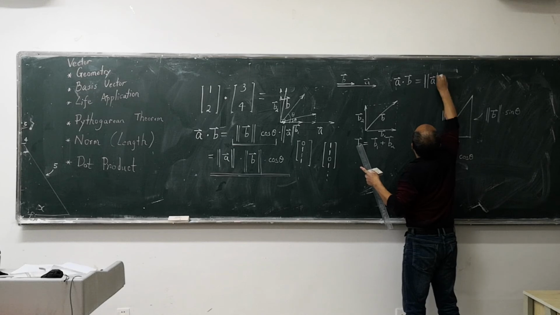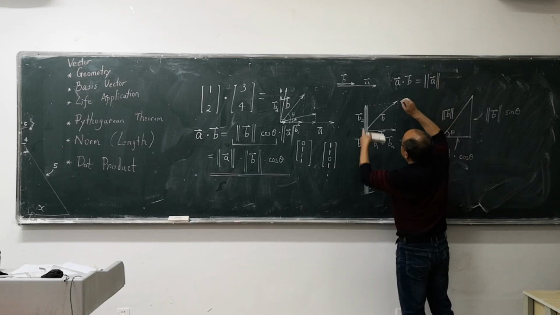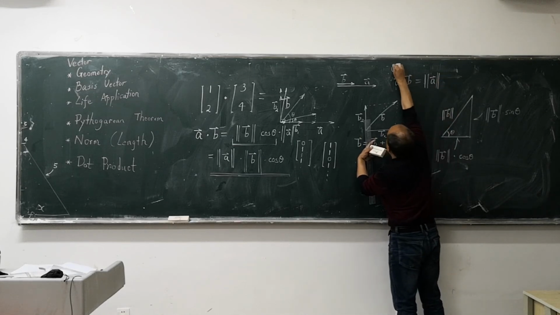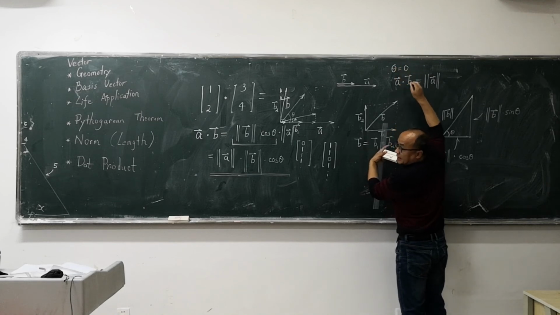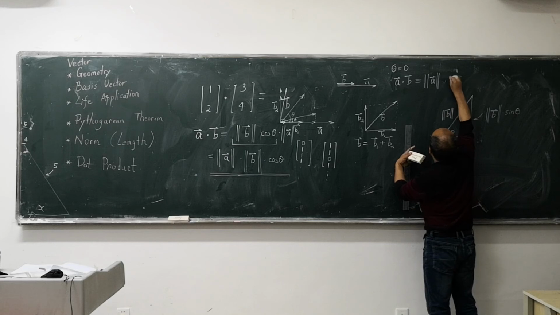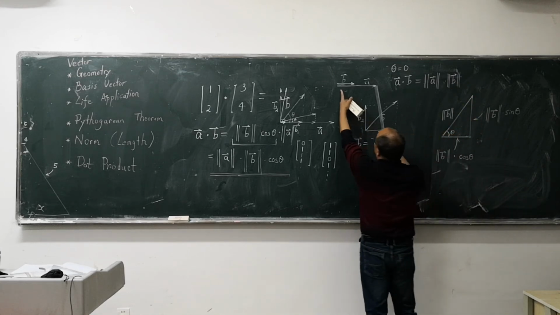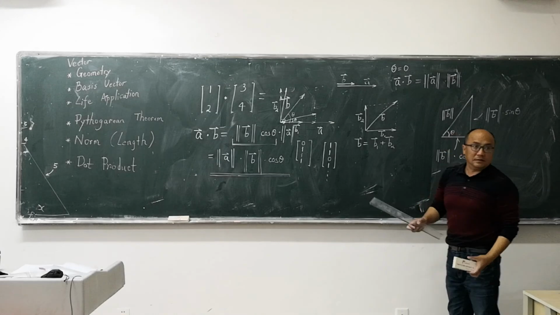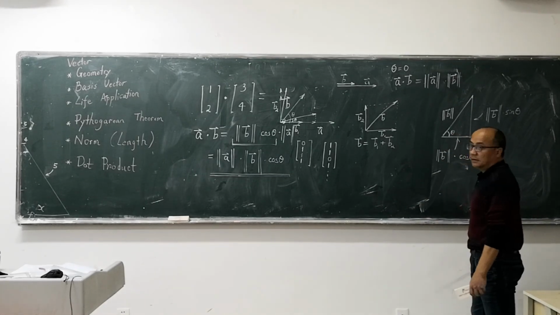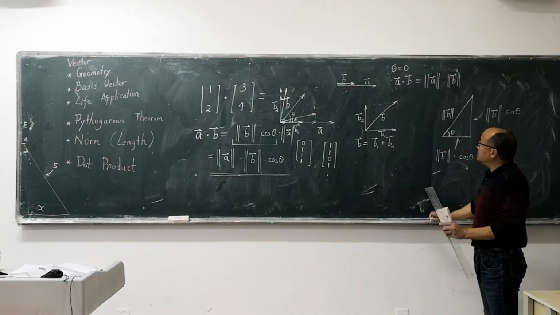You need to write down these special cases. Special cases: theta is zero, so it is this length times this length. Okay, this is one case.